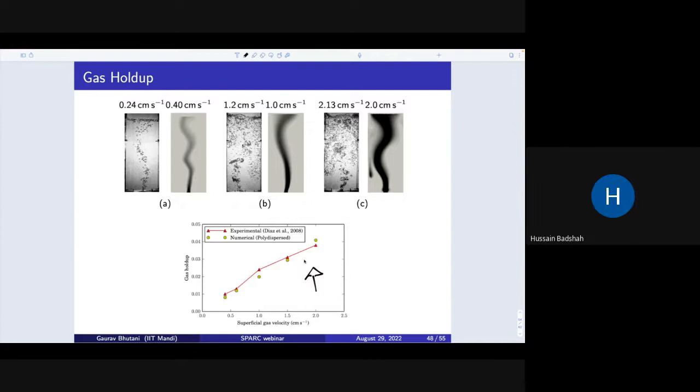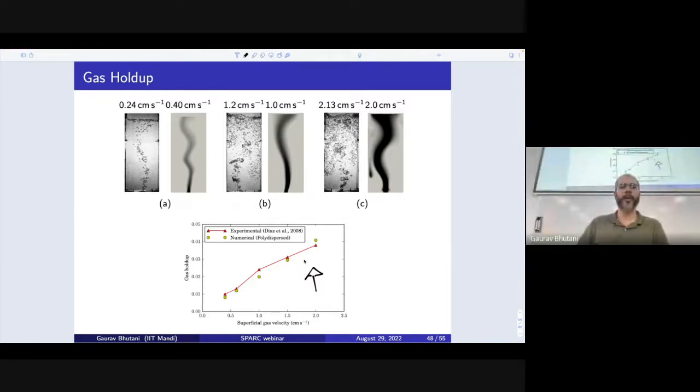Gas holdup basically means the amount of gas in the overall volume that you have here. So that's the integral of the volume fraction of gas. Okay, sir. Thank you.